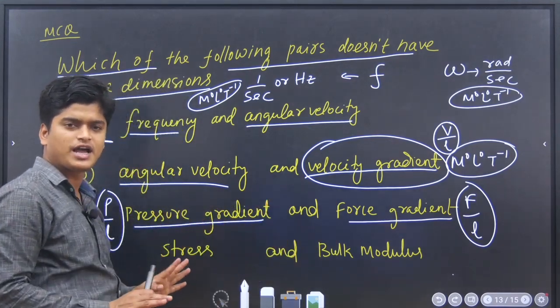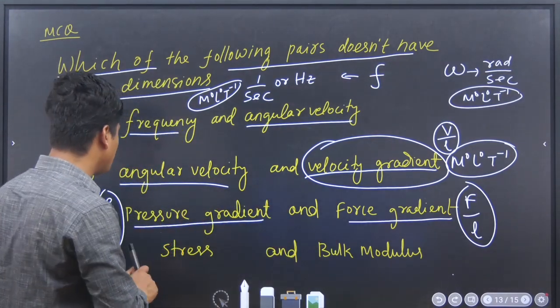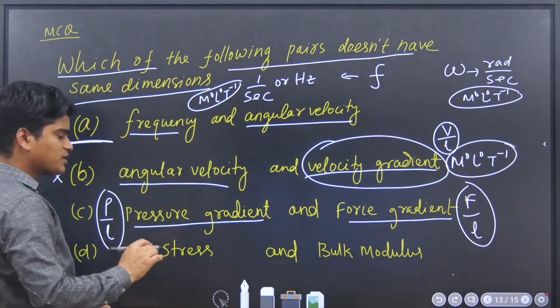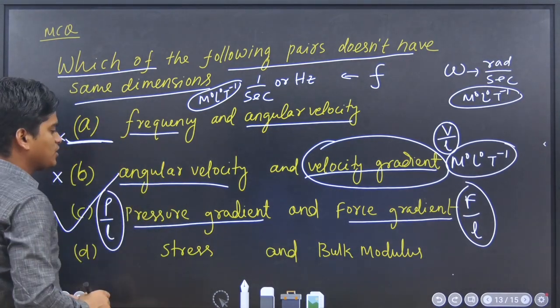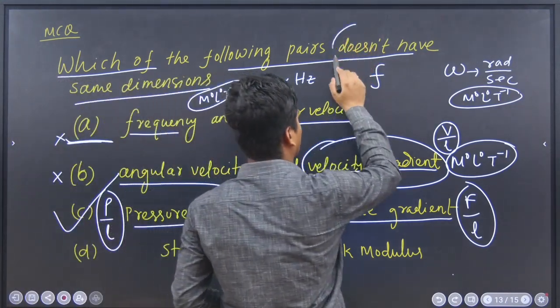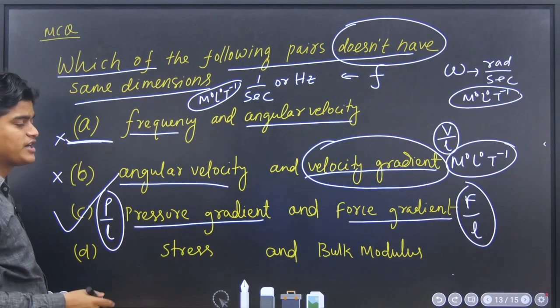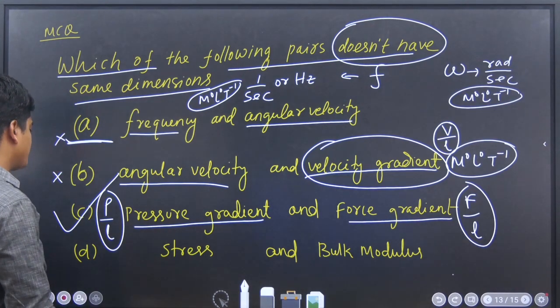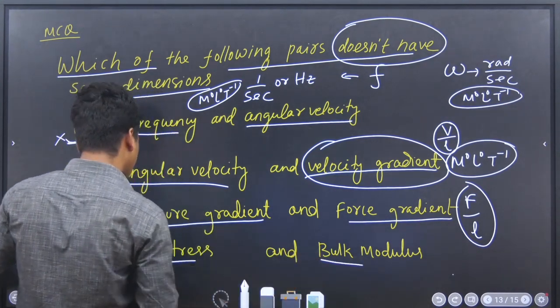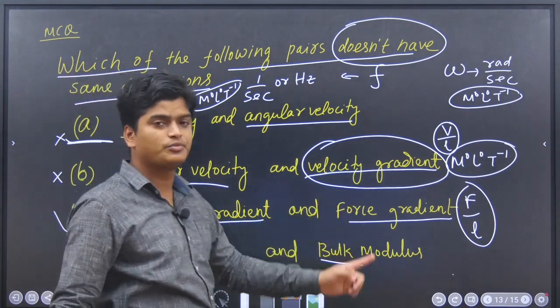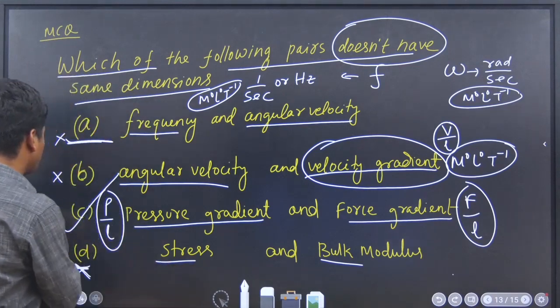From the formula itself you can tell, no need for dimension calculation, because L will be in the denominator and pressure is not equal to force. So this answer will be correct, as it does not have the same dimension. And stress and bulk modulus have the same dimension, already discussed, so that answer cannot be correct. So the answer will be option C.